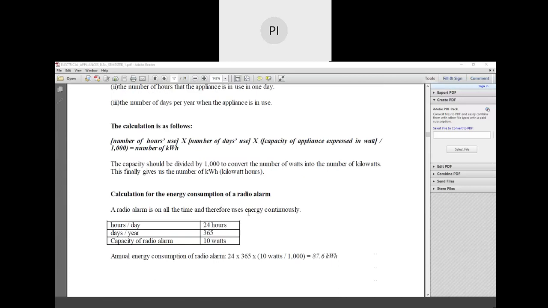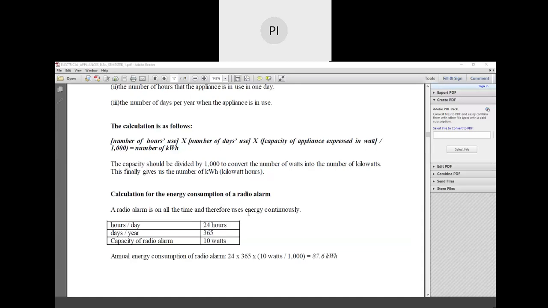Suppose the annual energy consumption of a radio alarm: 24 hours and 365 days, and the capacity of the radio alarm is 10 watt. Divided by 1000, that gives 87.6 kilowatt hour.